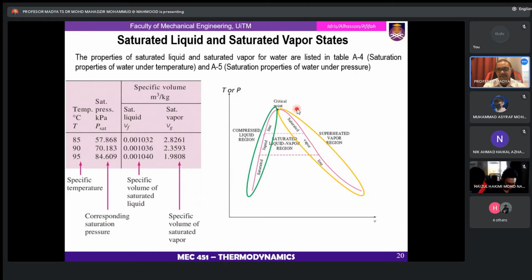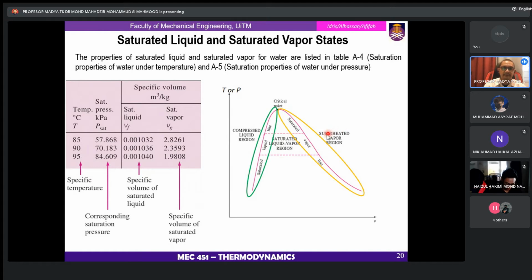The saturated liquid line separates the compressed liquid region and the mixture region. And the saturated vapor line separates the mixture region and the superheated vapor region.